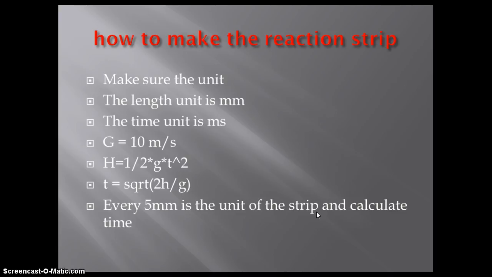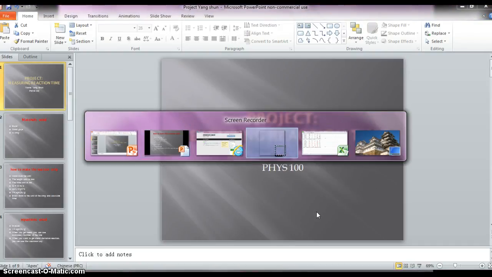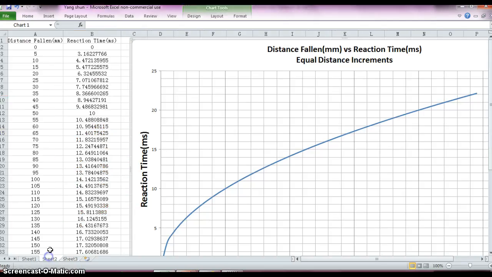Every 5 millimeters is one unit of the strip, used to calculate the time. In my sheet 2, you can see every 5 millimeters is the unit. So this is my graph.